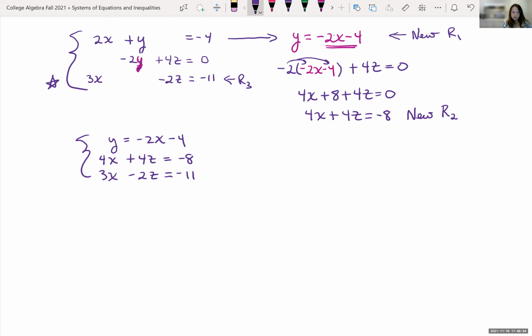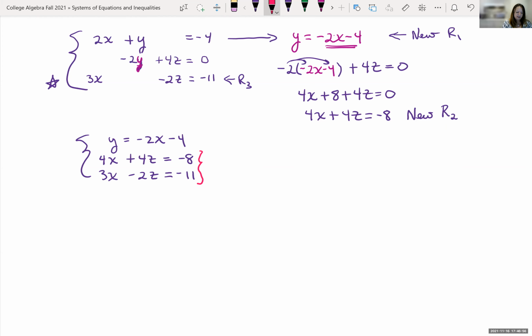So I'm going to use the elimination method, or another word is called the addition method, where I'm going to use these two equations that I just manipulated that have the same variables. So I'm going to multiply something by one equation so that if I add the two equations, either the x or the z would fall away.